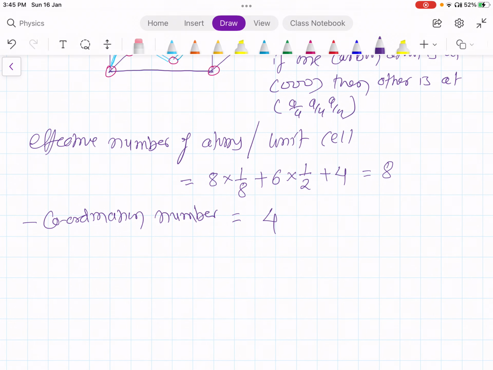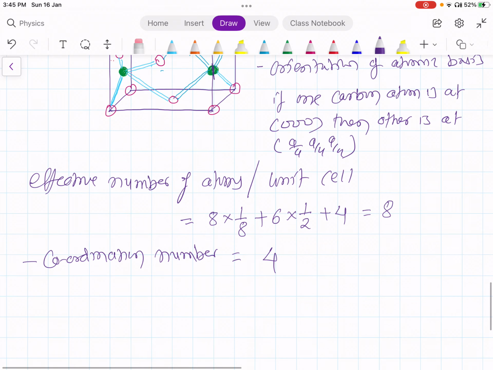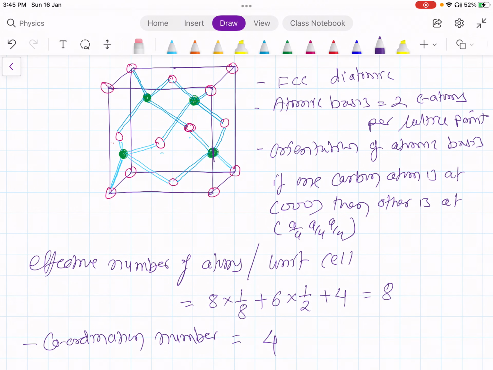Now, where would these atoms be in contact with each other? The origin of this one is 0, 0, 0, and the origin of this one is at a/4, a/4, a/4. These two atoms are basis atoms, and basis atoms are in contact with each other.